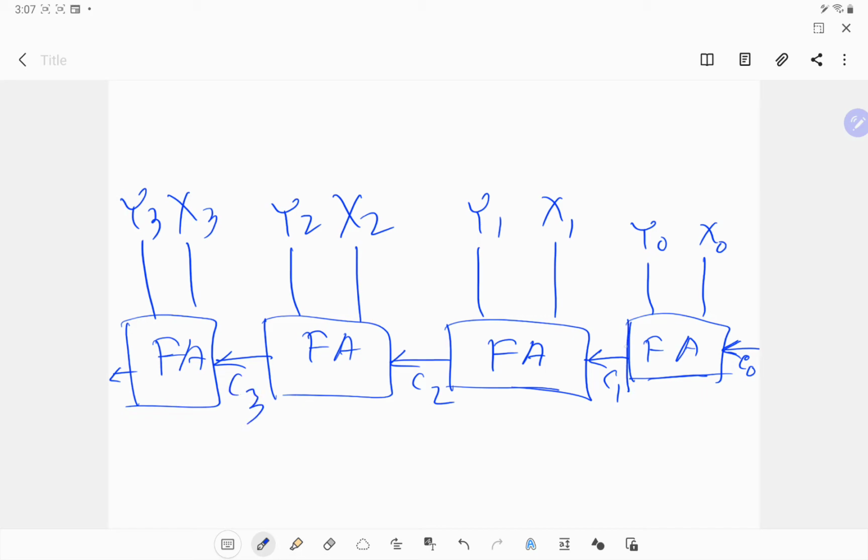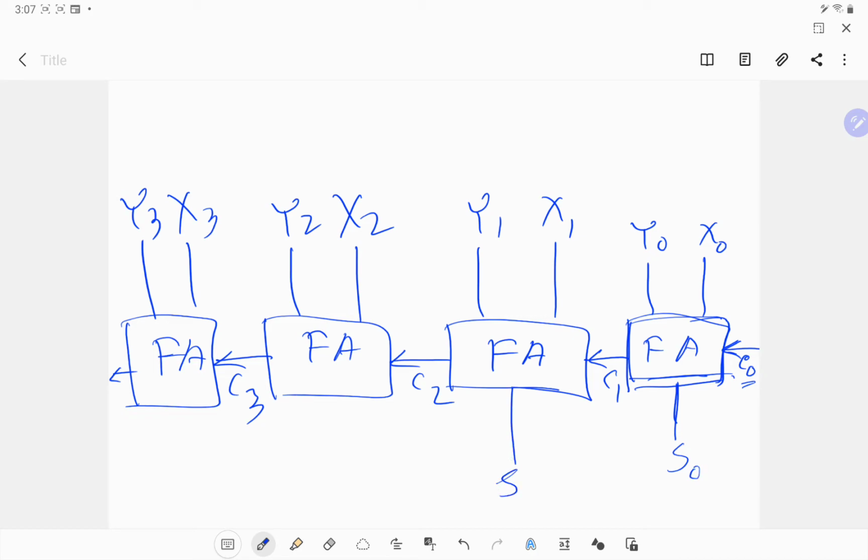So the first full adder has three inputs, the previous carry and two inputs, and also two outputs. One is the sum. Let's consider this is S0, S1, it doesn't matter actually. So it's the sum.